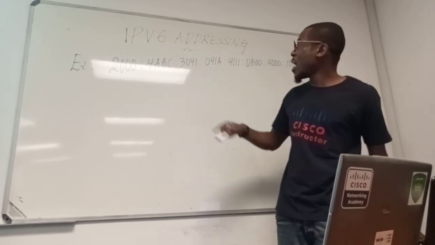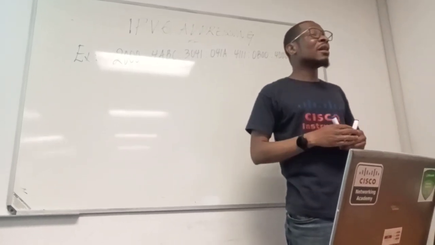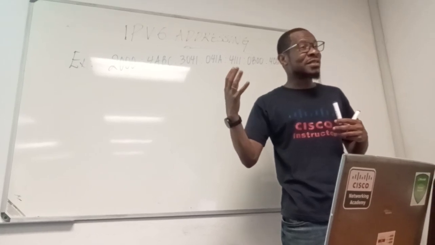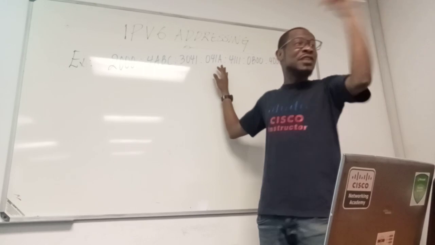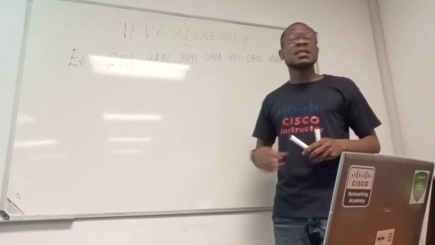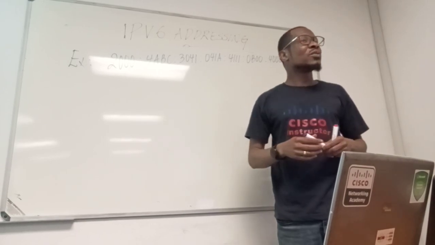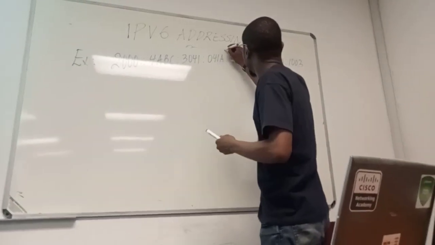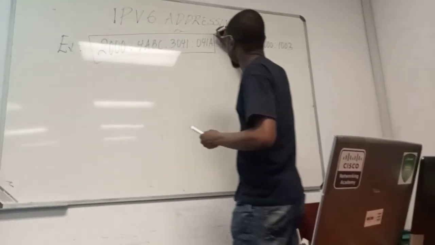Now, from your IPv6, which one is your network part and which one is your host part? Which one is the computer part and which one is the network part? You see that there are 8 parts. You just divide it by 2, right? You just split 1, 2, 3, 4. This is your network part.